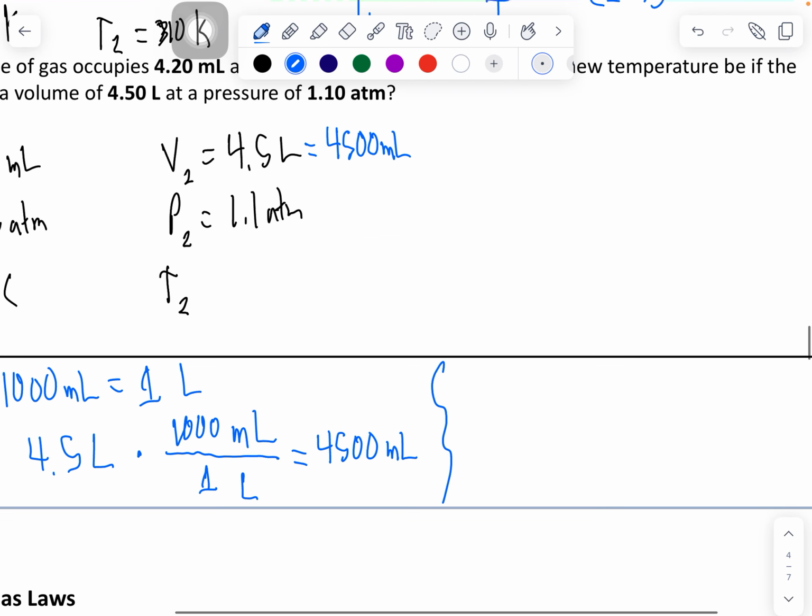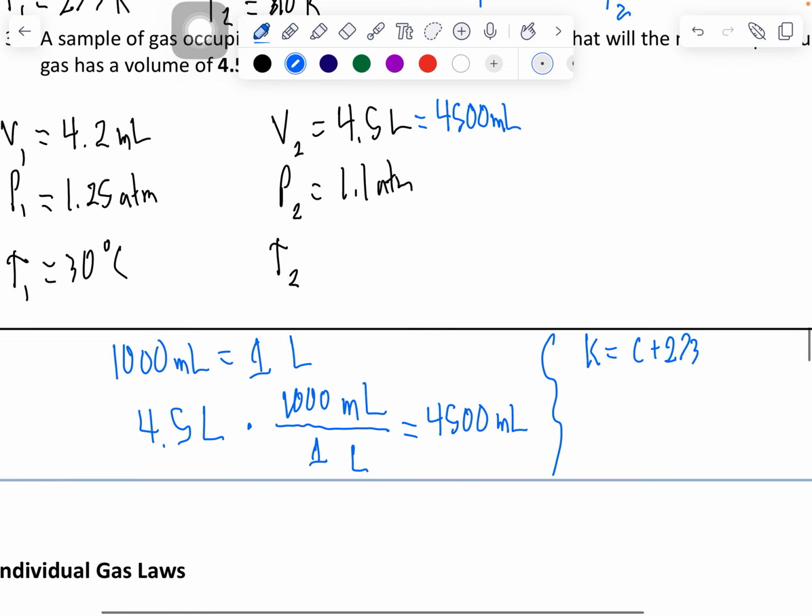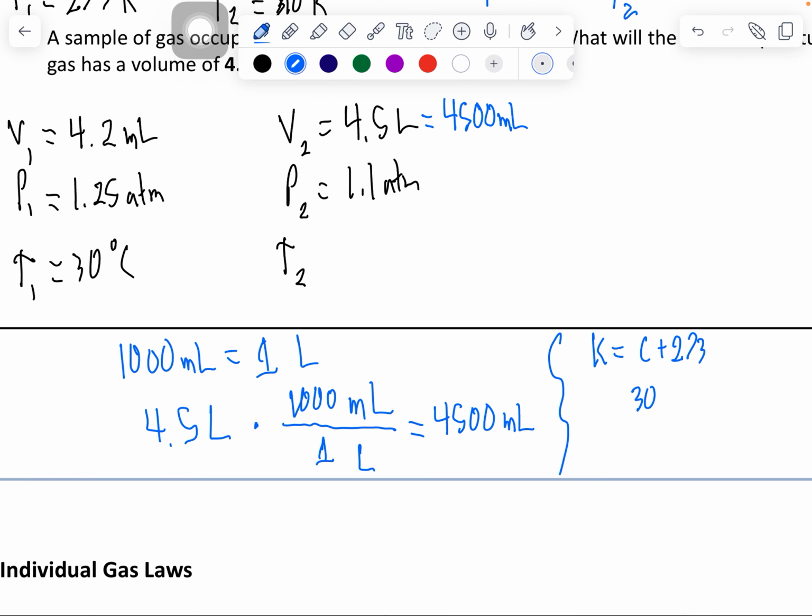So, our temperature in Kelvin is the temperature in Celsius plus 273. So let's plug in that temperature in Celsius. It is 30 degrees plus 273. That gives us our temperature in Kelvin. Pop this into your calculator and you find that this would be 303 Kelvin. So let's go ahead and write this up here. 30 degrees Celsius is also 303 degrees Kelvin.